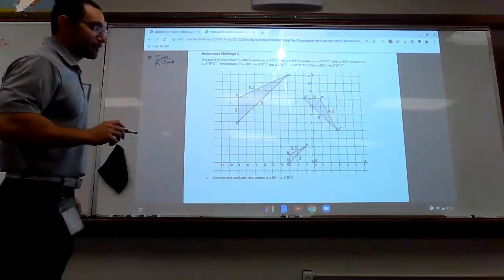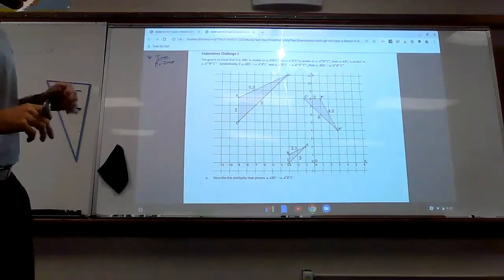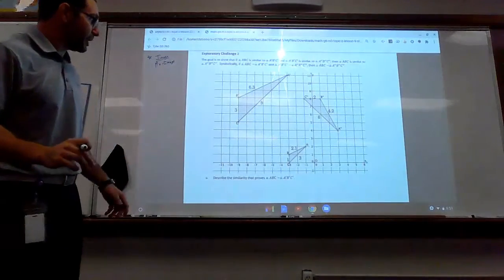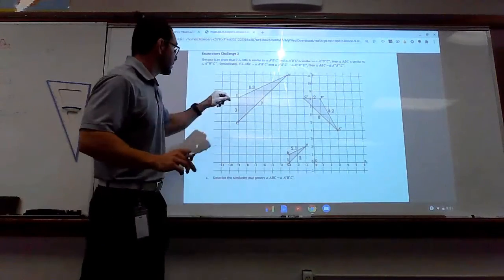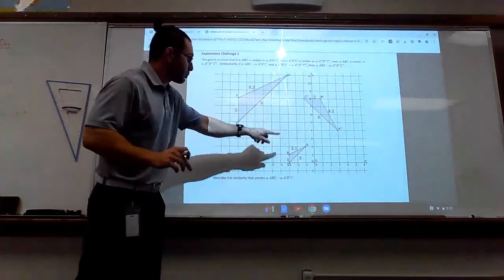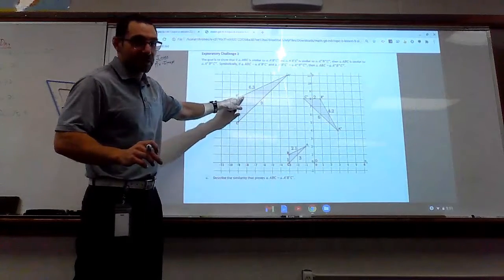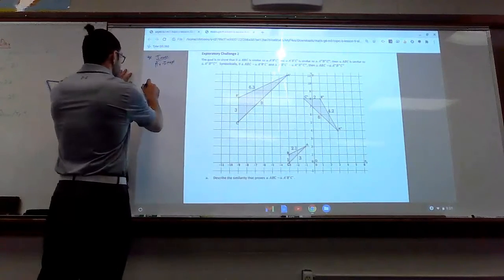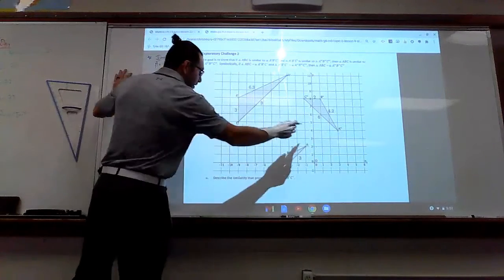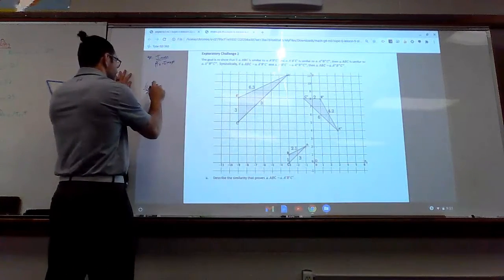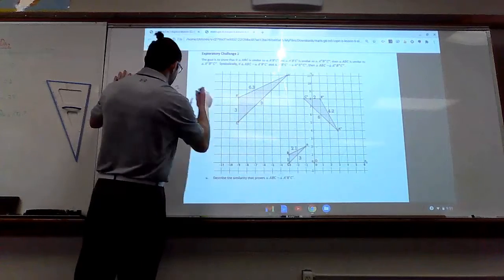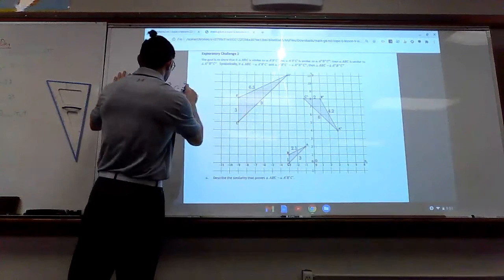Perfect. Okay, so describe the similarity that proves triangle ABC is similar to A prime, B prime, C prime. Okay, so we're proving this one to this one. Image, or pre-image, image. Our pre-image is the one that does not have the primes. So my image is 6, that's AB, and the pre-image is 2. 3 divided by 1. 9 divided by 3.